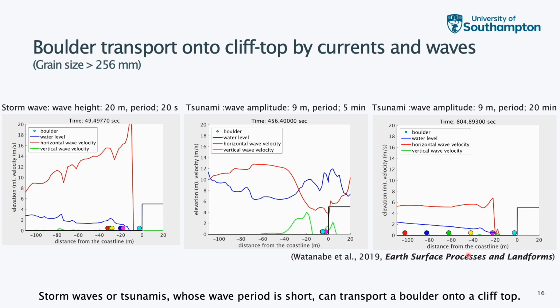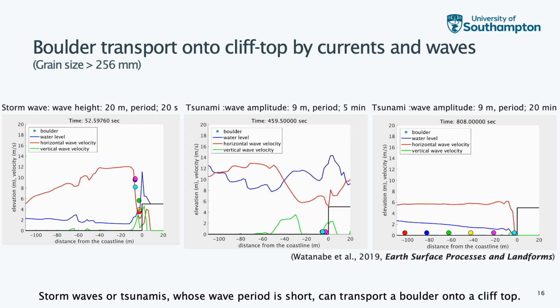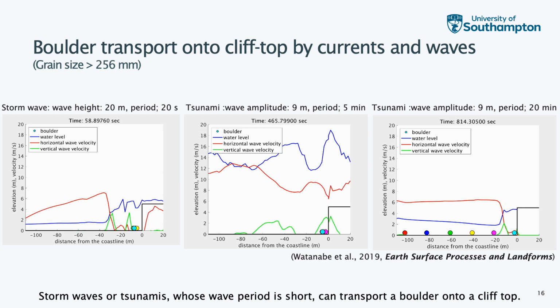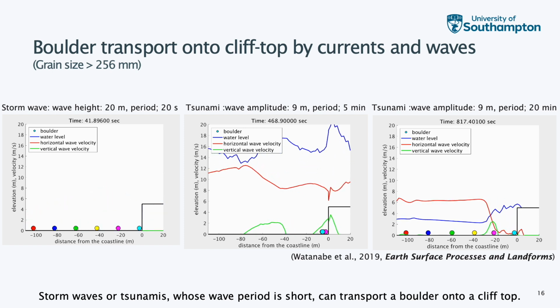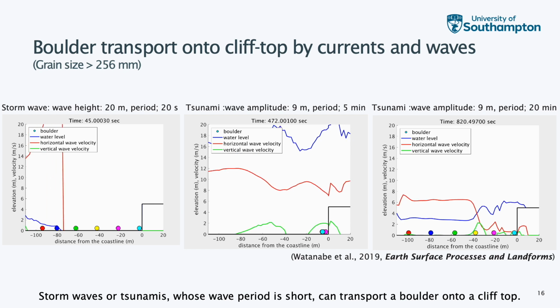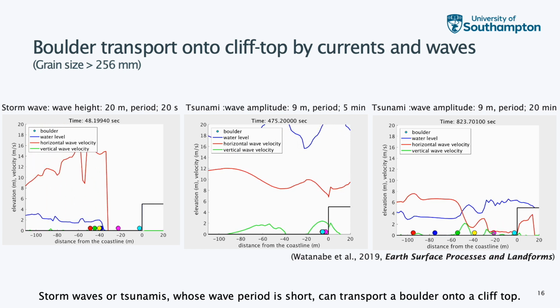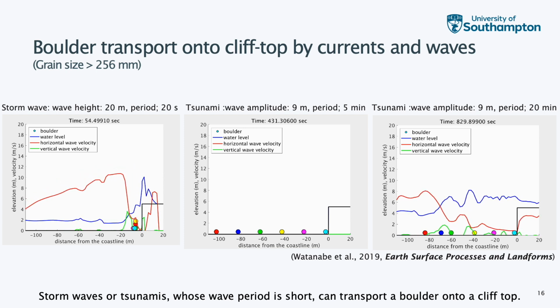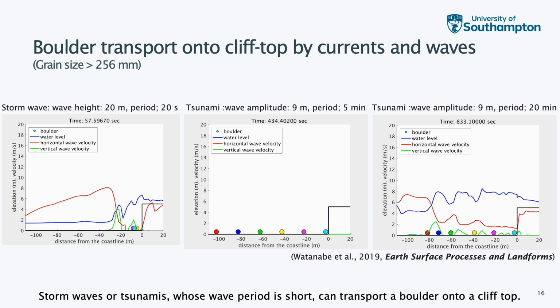But if the tsunami wave period is long, like 12 minutes, a vertical movement of the boulder did not occur. Therefore, storm waves or a tsunami whose wave period is short can transport a boulder toward the vertical direction. Then this wave can transport a boulder onto the top of the cliff.